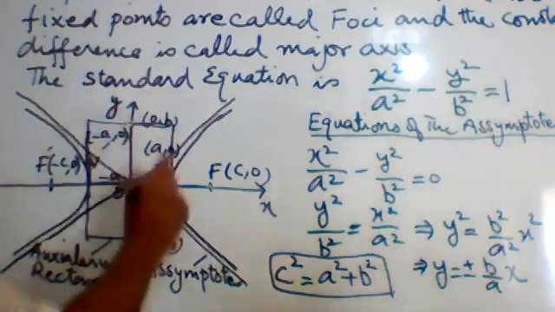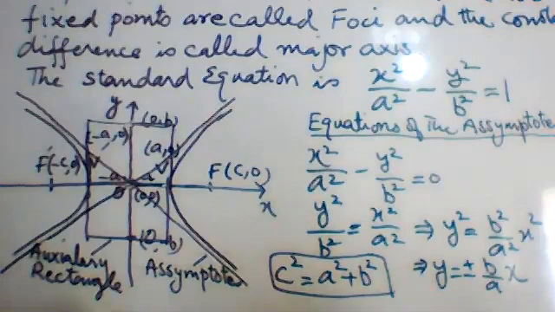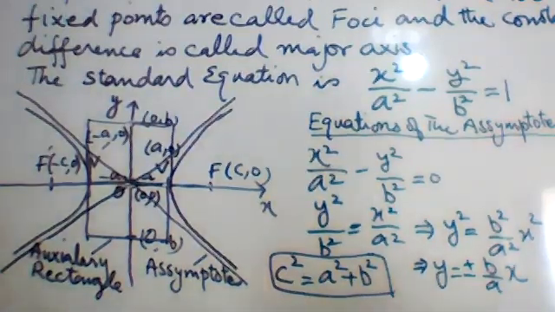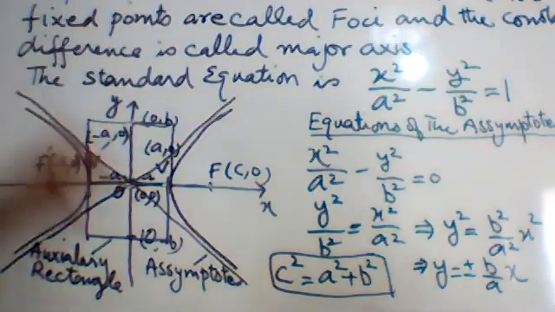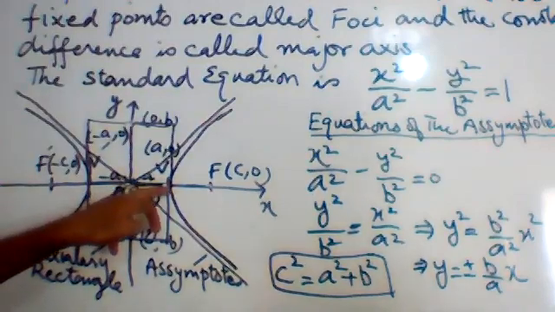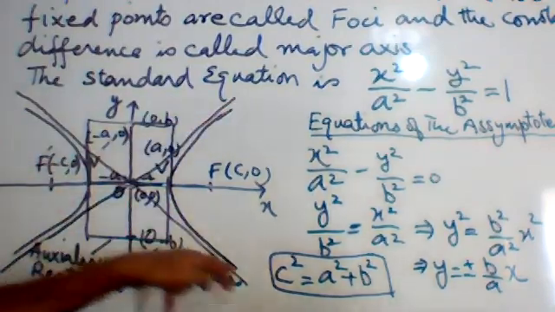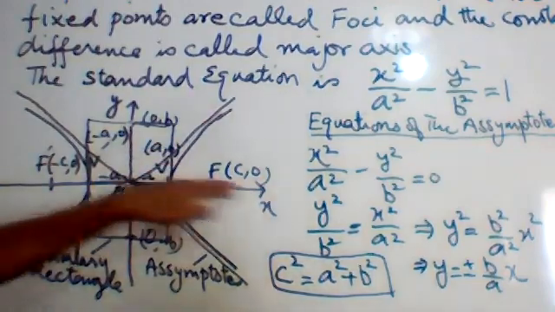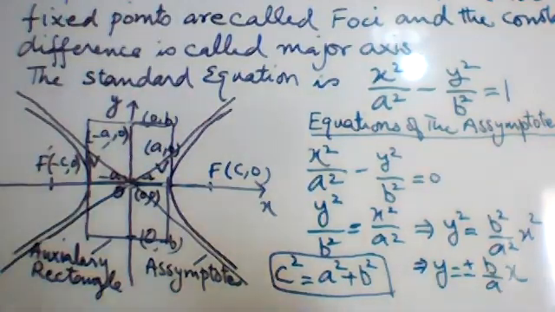And this is called the auxiliary rectangle. This is called the asymptotes. This is the vertex where the hyperbola is intersecting the transverse axis.